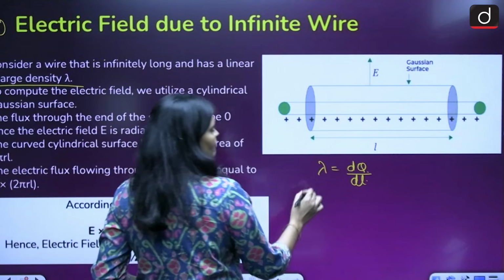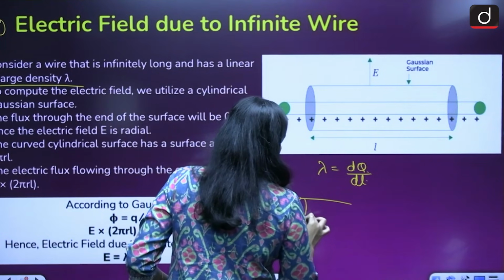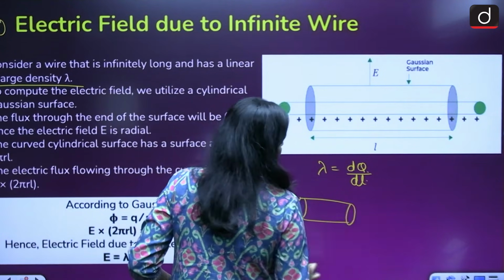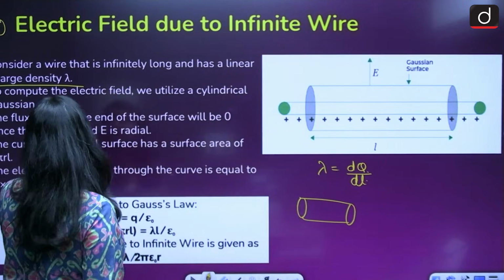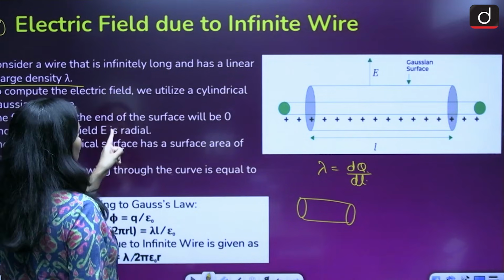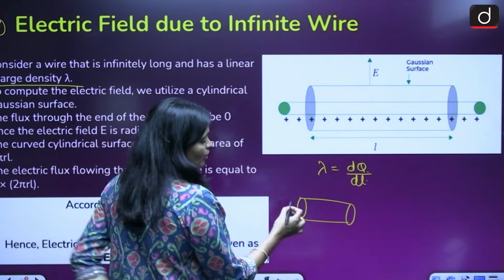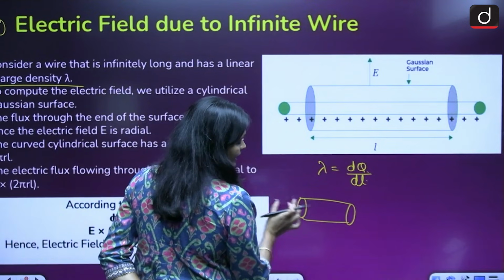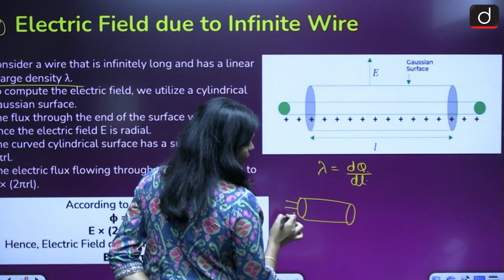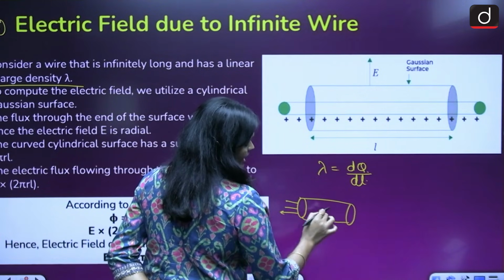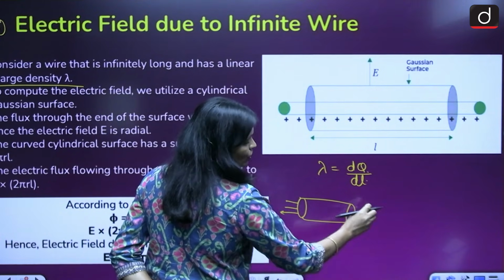Now if it is a cylinder, अगर ये एक cylinder है, right? So the flux through the end of the surface will be 0 since the electric field E is radial. तो अभी यहाँ पे क्या हो रहा है? यहाँ पे इलेक्ट्रिक फ्लक्स 0 हो जाएगा. Why? Because it is radial ना, ये तो रेडियल हो रहे हैं, कुछ अंदर जा रहे हैं और बाहर निकलेंगे, तो सब एक दूसरे को कट कर देंगे.